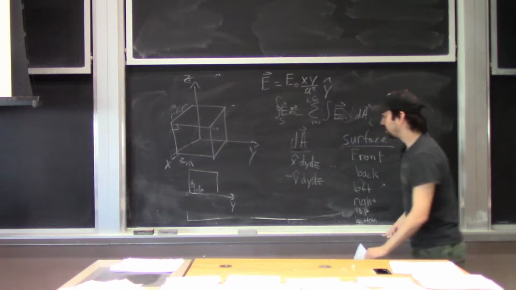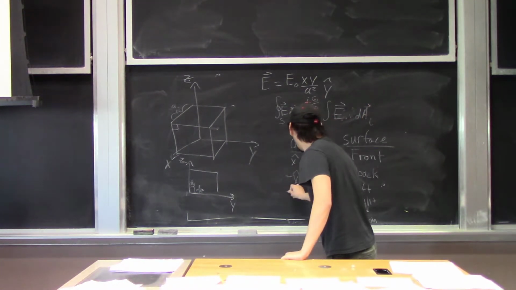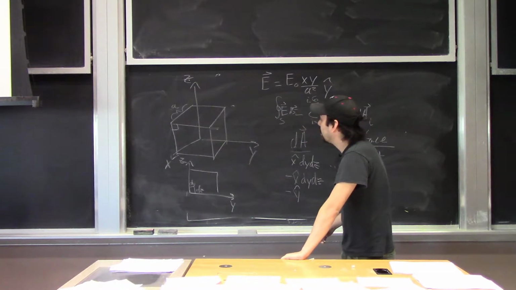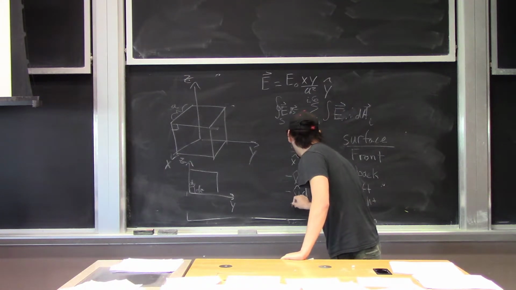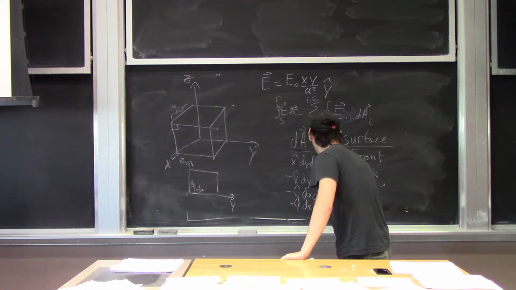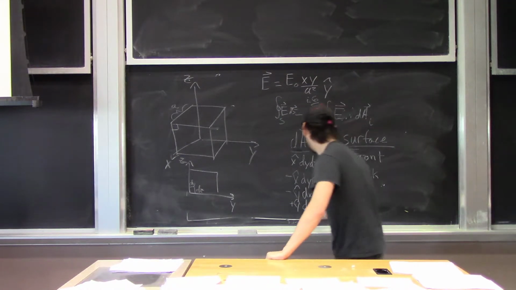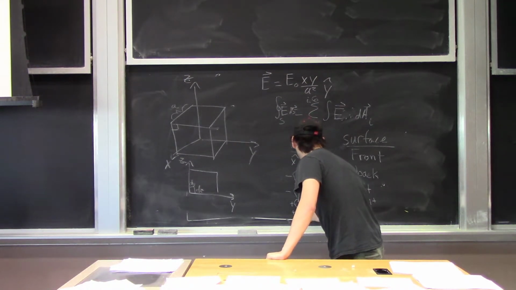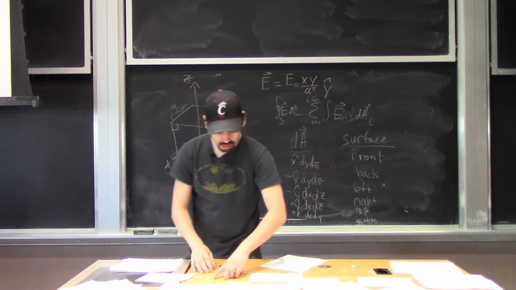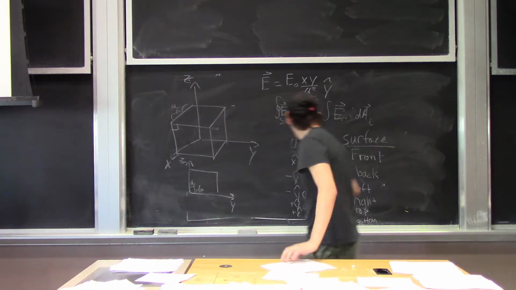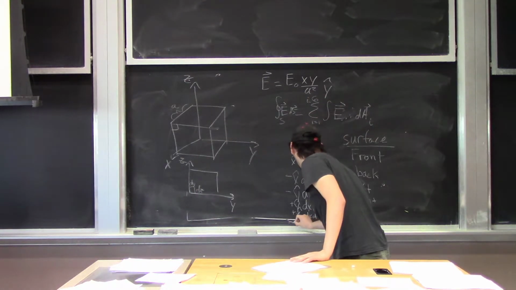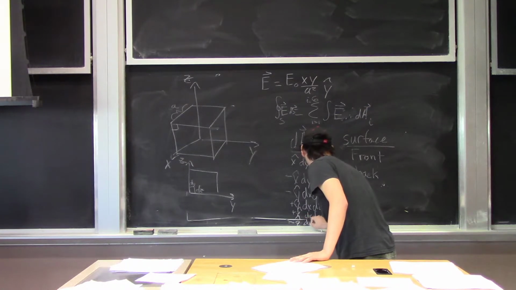So now when we look at the left, this is going to be a minus y hat dx dz. For the right, this is going to be a plus y hat dx dz. For the top, this is going to be a plus z hat dx dy. And for the bottom, this is going to be a minus z hat dx dy.